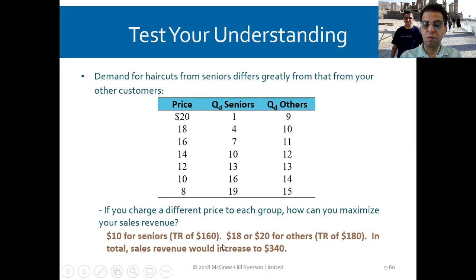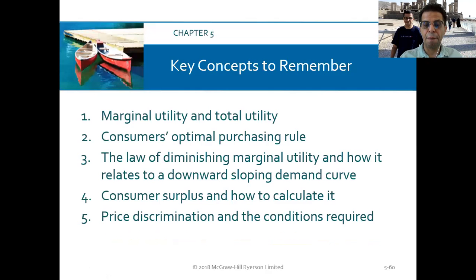So you stop there, and then you add them together and you get $340. Any other combination will not generate $340. And that's how you do price discrimination.